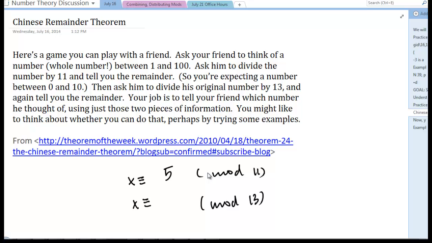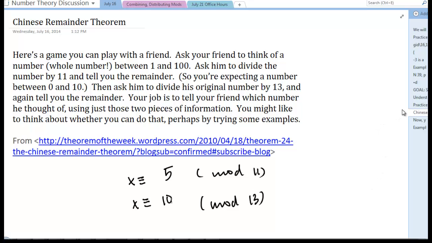So with my mom's number, I knew that it was congruent to 5 mod 11 and congruent to 10 mod 13. What I did basically works with substitution and a bunch of interesting things going on.